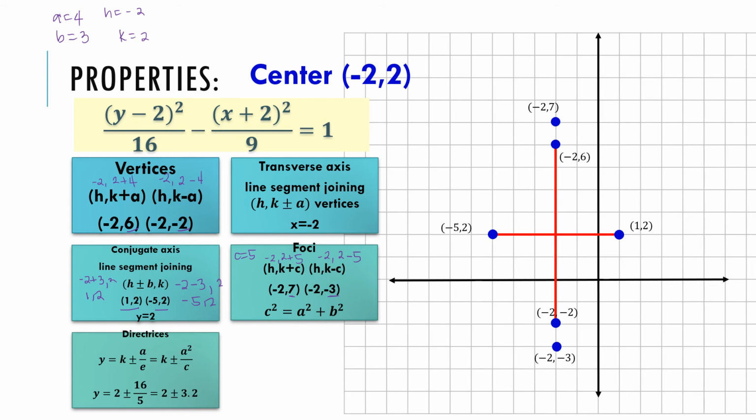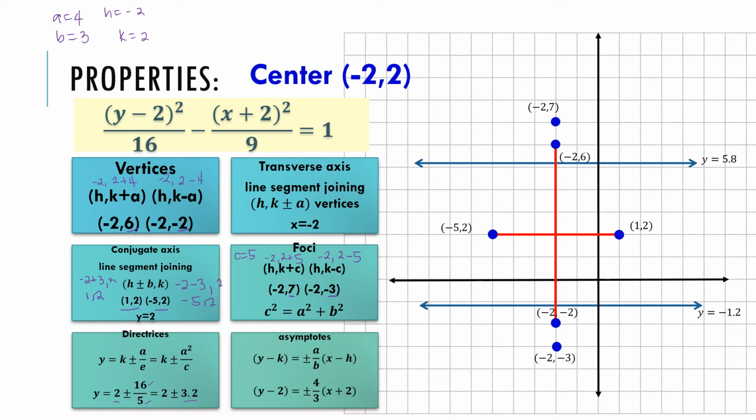K. Our K is 2. Our A squared is 16. And our C is 5. 16 divided by 5 is 3.2. So 2 plus 3.2 is 5.2. And 2 minus 3.2, this is negative 1.2. Okay, so those are our directrices.